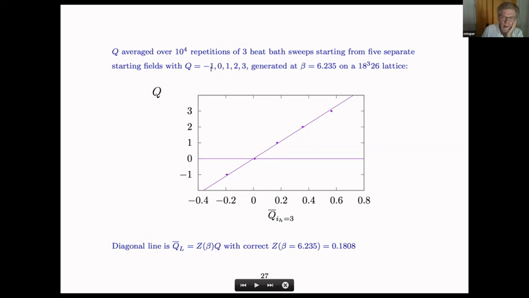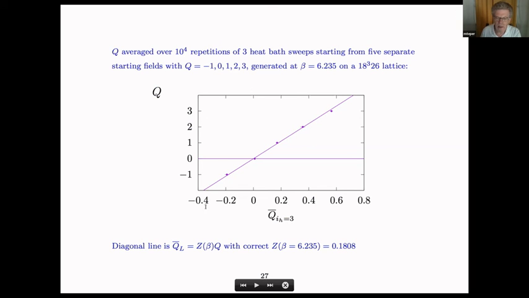And then I make an ensemble of 10,000 fields that are 3 sweeps away from this one, a different ensemble 3 sweeps away from this one, and so on. And I look at the average topological charge on those fields. So here is the value of the topological charge I obtain after 20 cooling sweeps. And here is the average value.